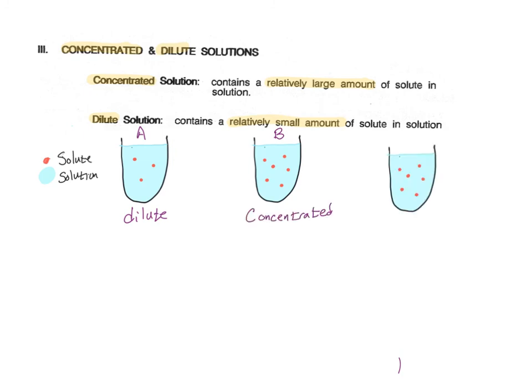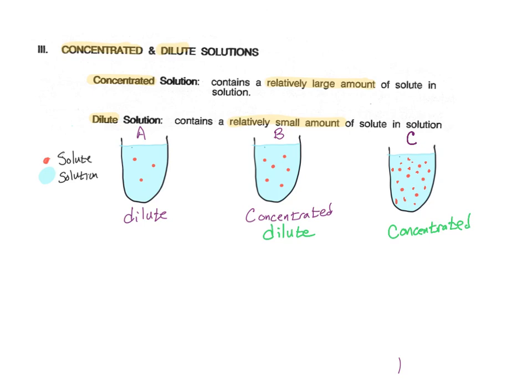What happens when we have even more solute in the solution? Now, when we compare test tubes B and C, we find that test tube B is dilute, while test tube C is concentrated.